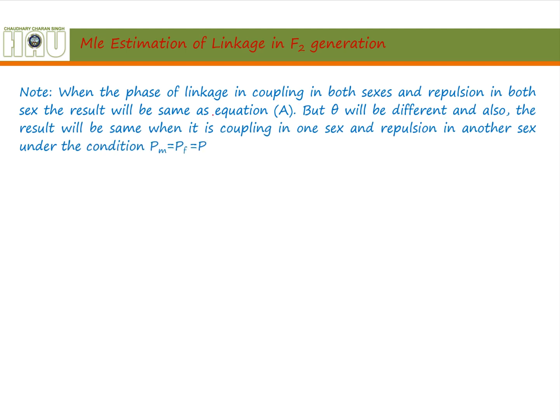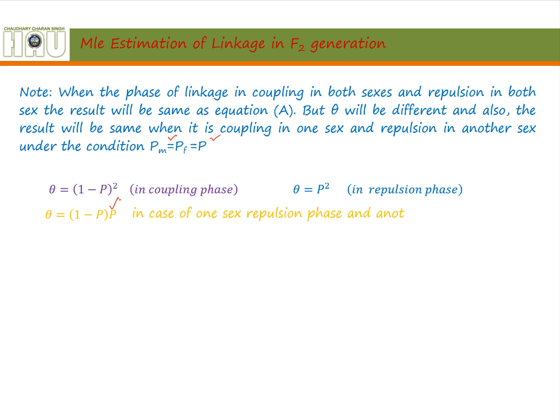And also the result will be the same when it is coupling in one sex and repulsion in the other sex, under the condition that the recombinant fractions of male and female are equal and equal to P. So in coupling phase theta is equal to P square, in repulsion phase theta will be equal to (1 minus P) into P, in case one sex is in repulsion phase and the other sex is in coupling phase, right?